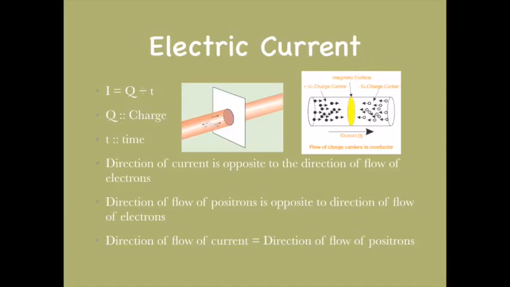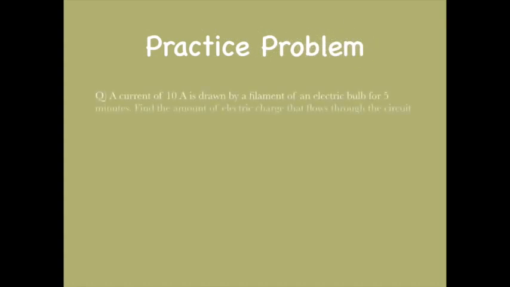Now, let's solve two problems on this concept for a better understanding. So, the question is, a current of 10 amperes is drawn from the filament of an electric bulb for 5 minutes. Find the amount of electric charge that flows.